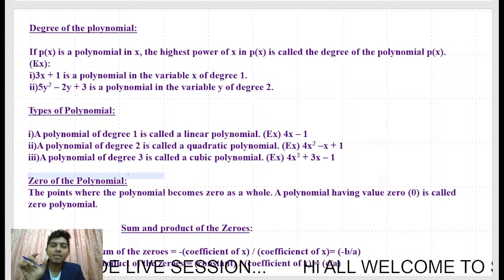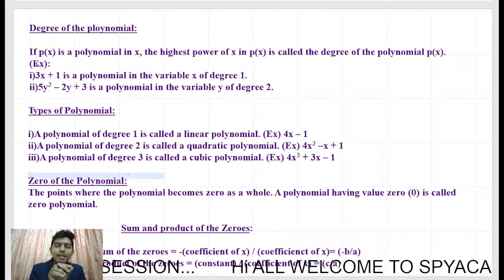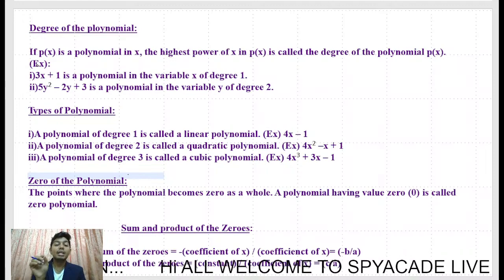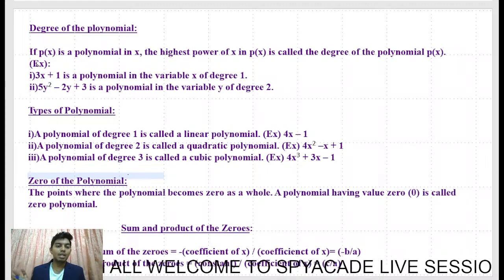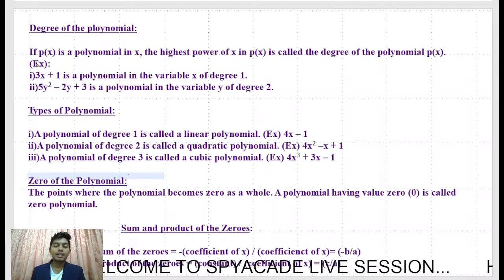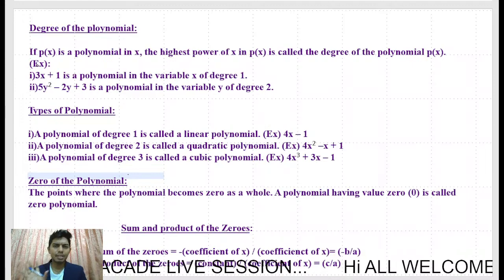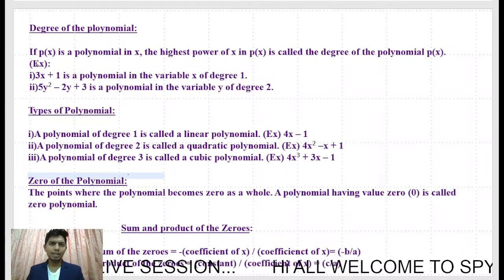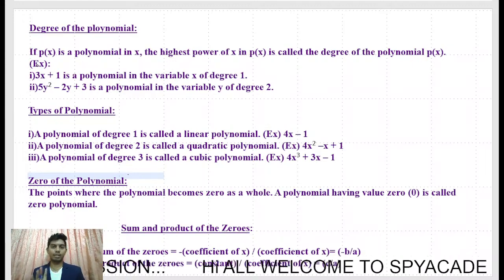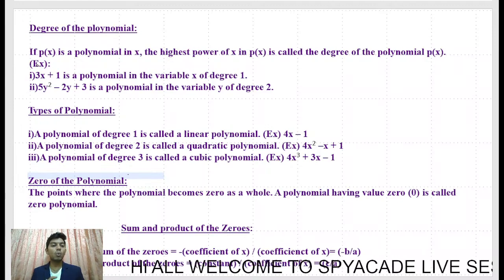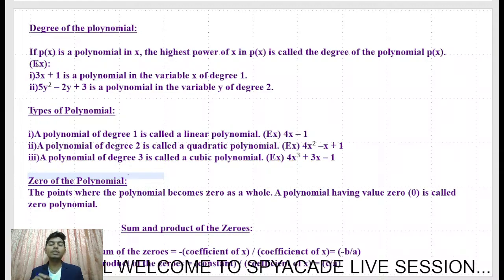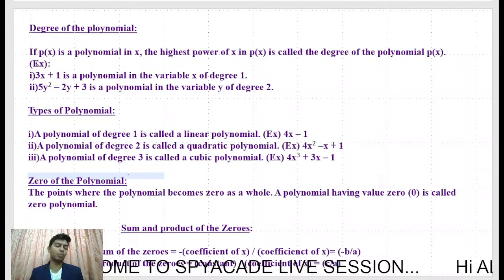Whenever you use some alphabet to denote something in an expression, that is called a variable. So 3x plus 1 has a variable called x. And what is the highest power in this expression? The highest power is 1. So the degree of this polynomial is going to be 1.